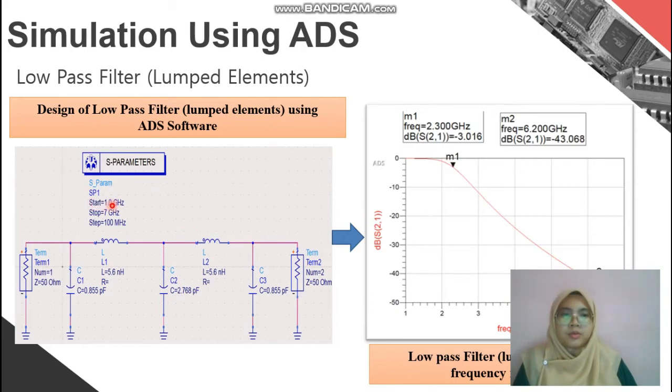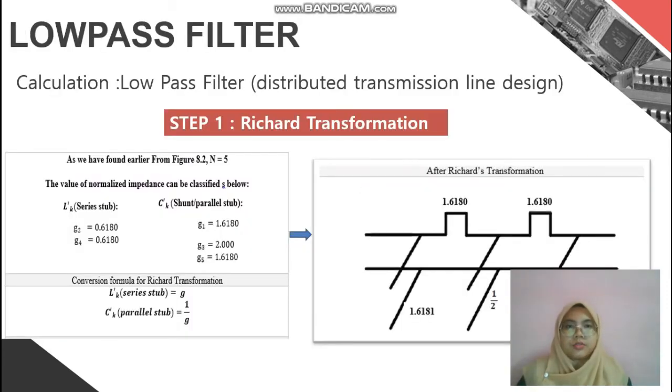We put the start at 1.0 GHz, stop at 7 GHz, and step of 100 MHz. Then we get the frequency response. Negative 3 dB is where the signal is accepted. This is the pass band, the wanted signal. Next, we'll move on to the second design.